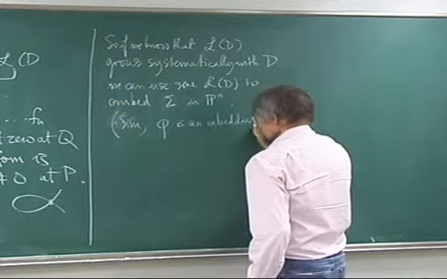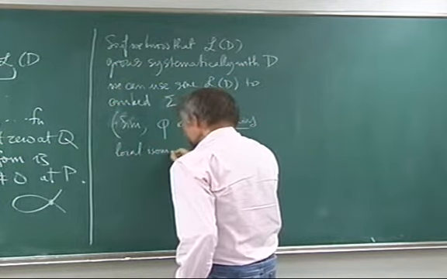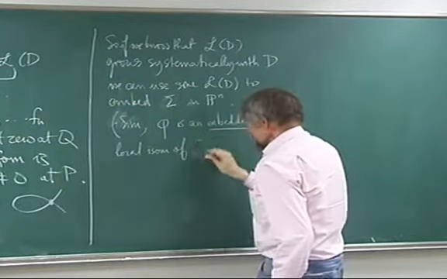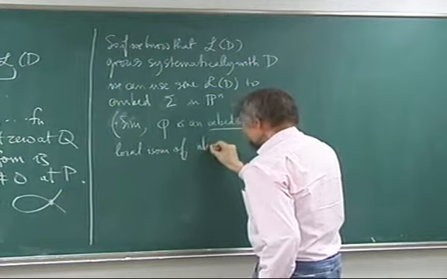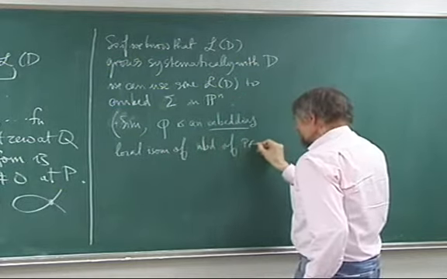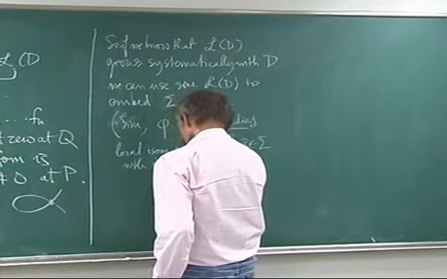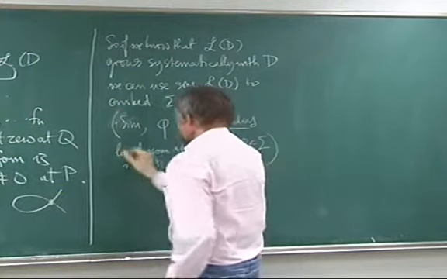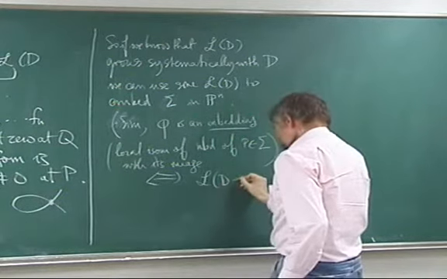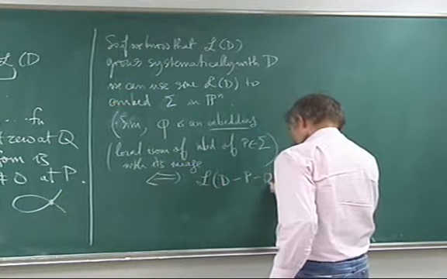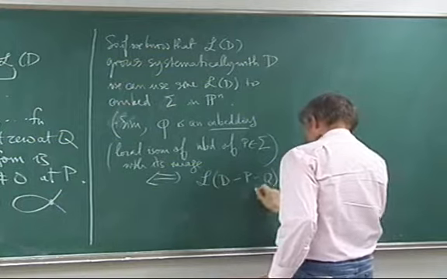Embedding means an isomorphism, a local isomorphism, of a neighborhood of P in C with its image, if and only if L(D minus P minus Q) inside L(D minus D) has codimension 2.